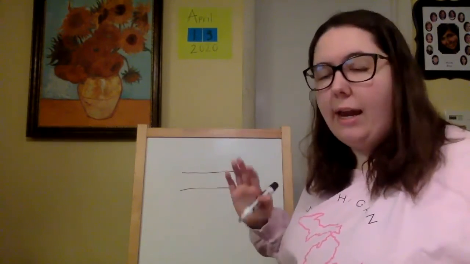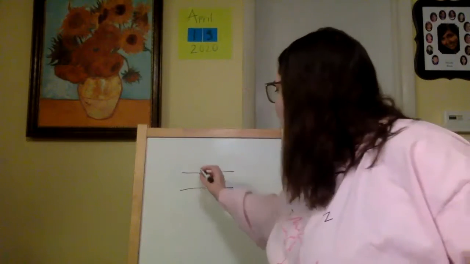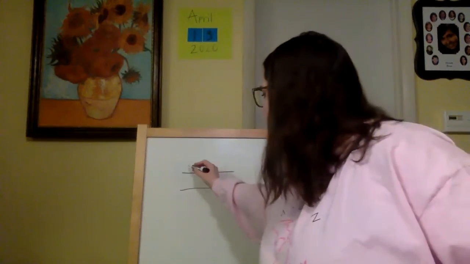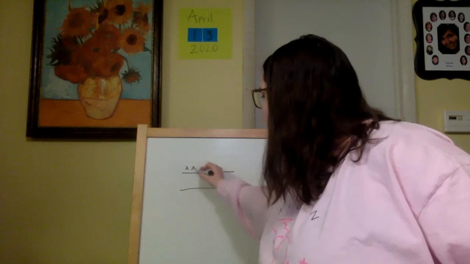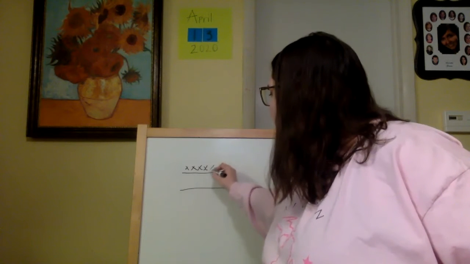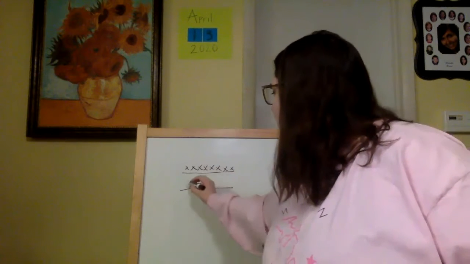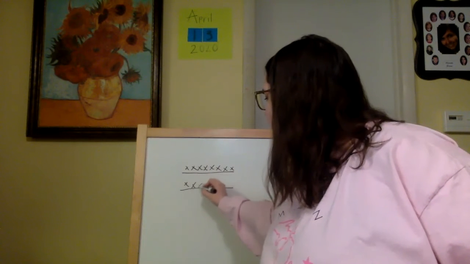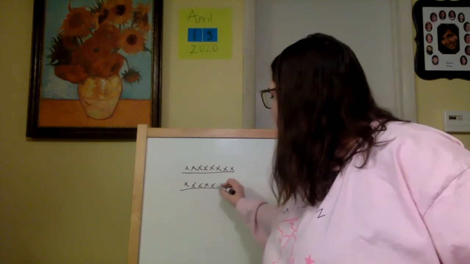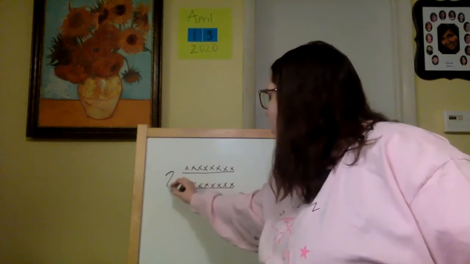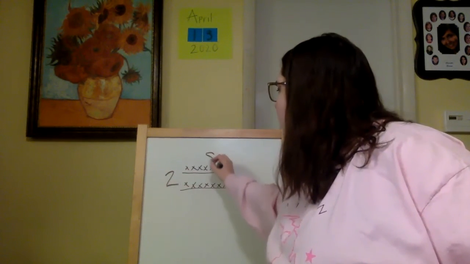So I have to draw 8 of circles, stars, X's, whatever in each row. So I'm going to do X's since they're fast. 1, 2, 3, 4, 5, 6, 7, 8. There's 8. And 1, 2, 3, 4, 5, 6, 7, 8. So this is 2 and 8 this way.